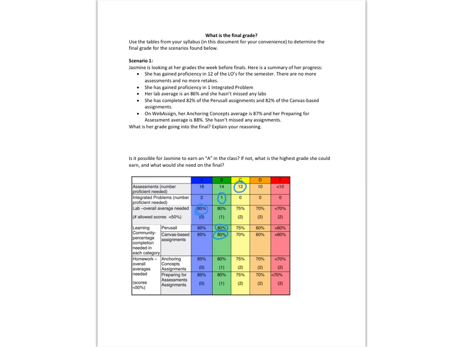On WebAssign, her anchoring concepts average is 87, so that's at the A level, and her preparing for assessments is 88. Those are also at the A level. So what you can see is her assessment score is C's. She has some things in the A level and some at the B. So now we're going to use that information in the flow chart.